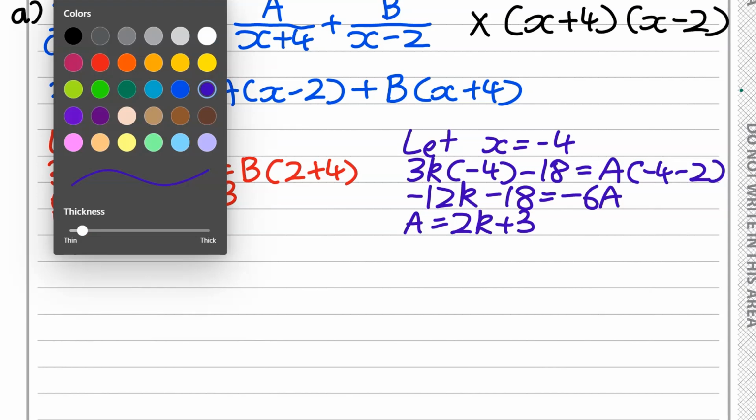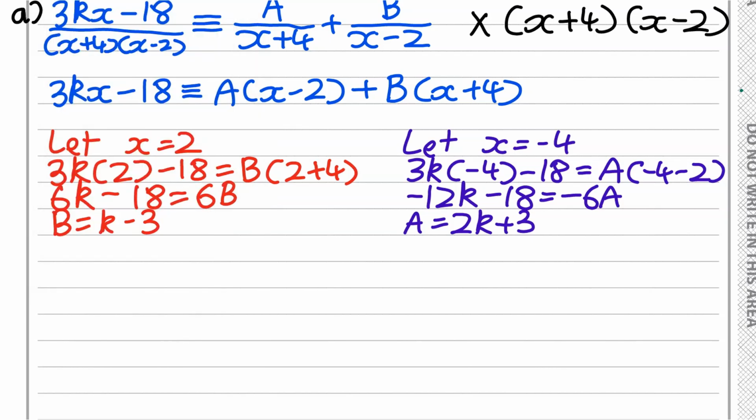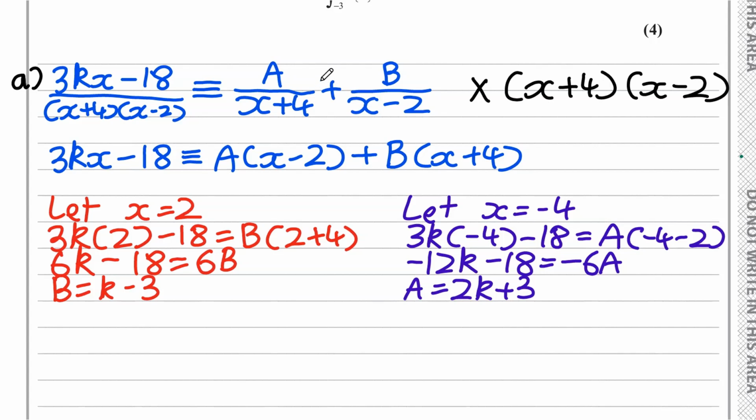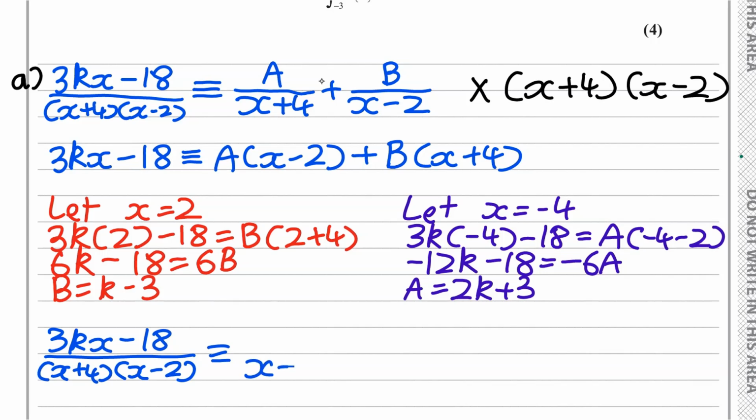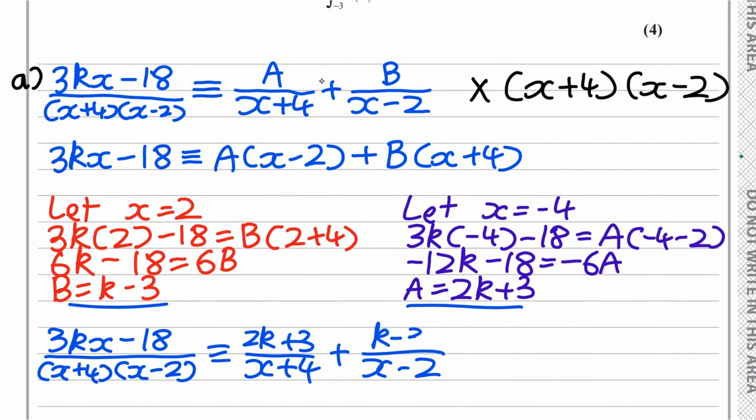So therefore, if we sub this into this up here, we're going to get that (3kx - 18) over (x + 4)(x - 2) is equivalent to a over (x + 4), which is this 2k + 3, plus b over (x - 2) here, which is k - 3, and then this is the answer.